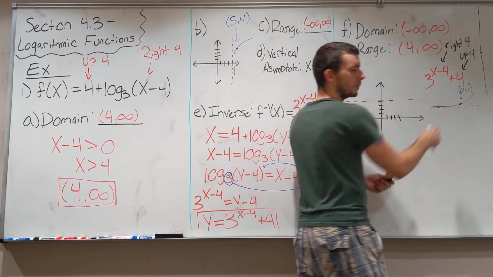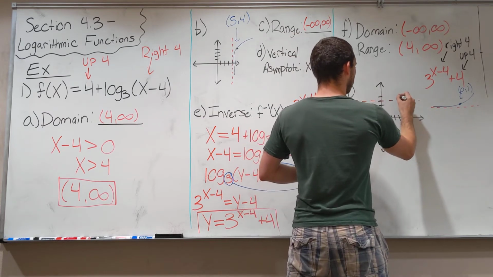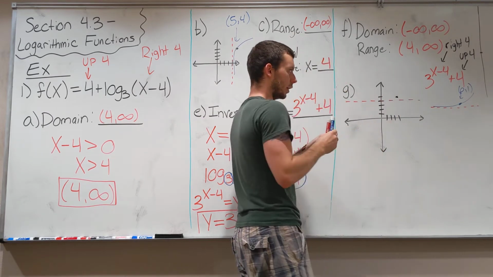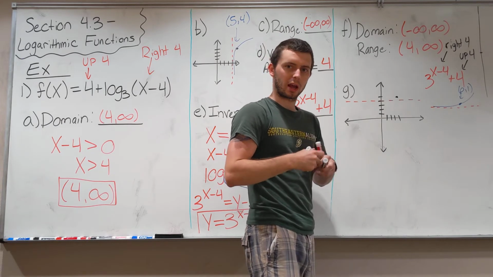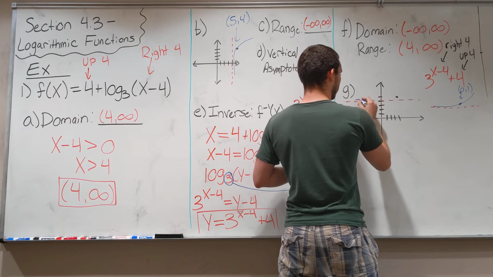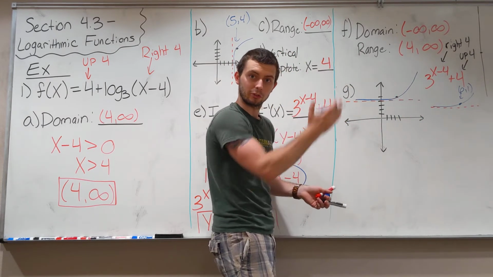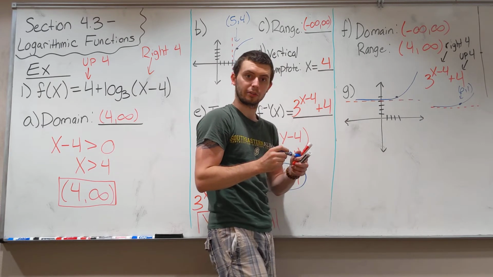And then up 4 means that the y value goes to 5. And then that helps us trace the graph accordingly. It pretty much tells us when we start to ascend towards positive infinity.